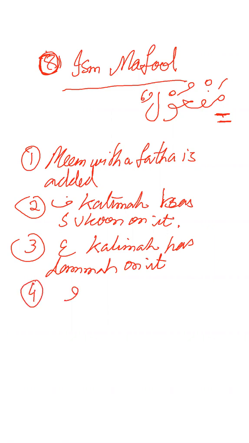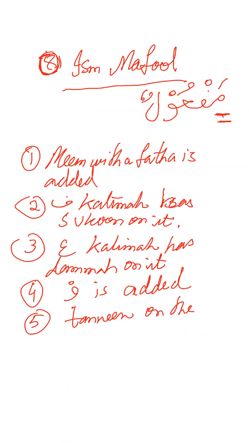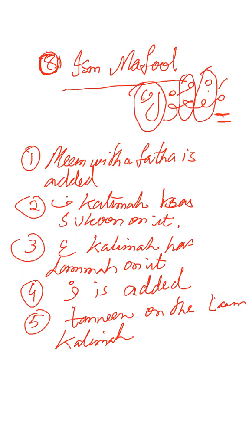Number 4, waw sakin is added. Number 5, tanween on the lam kalima. It's a lot to write, but it's actually very easy. So you've got the fa kalima here, the ain kalima here, and the lam kalima here.